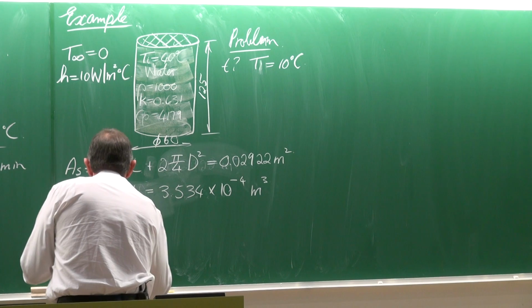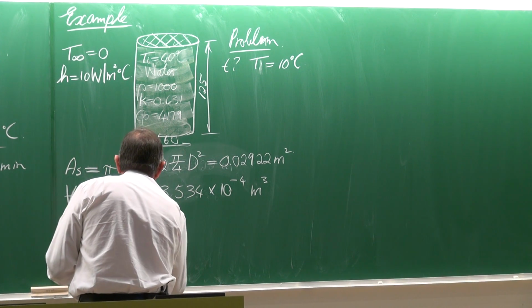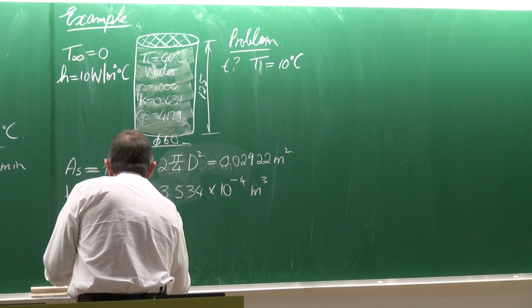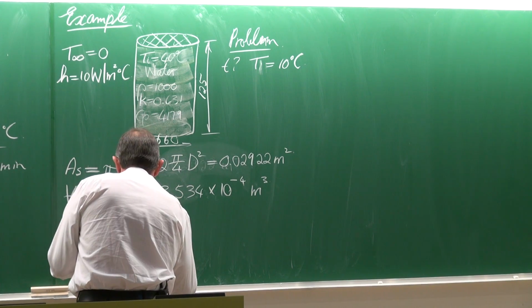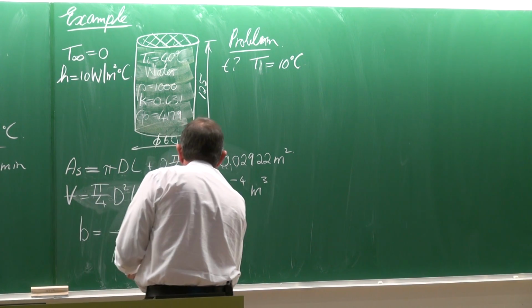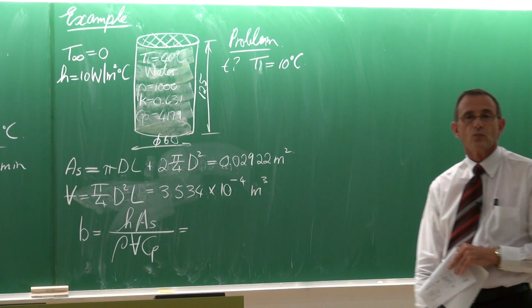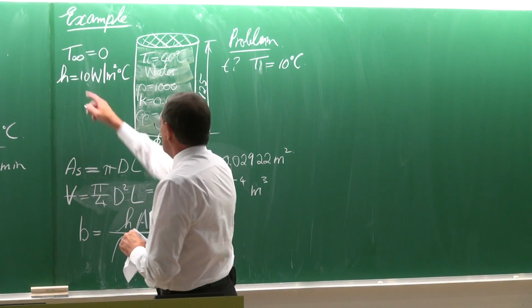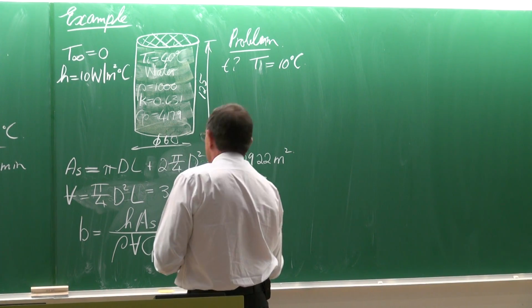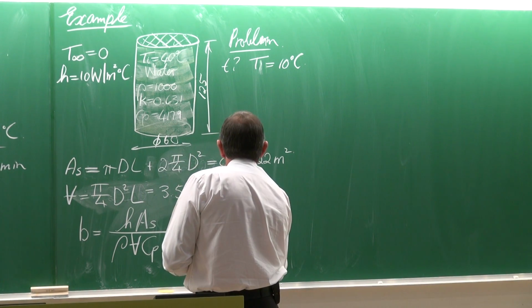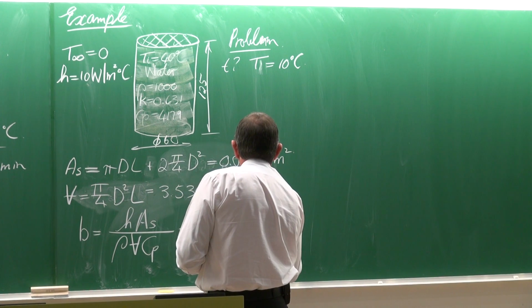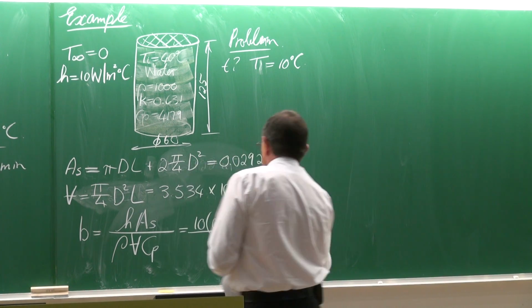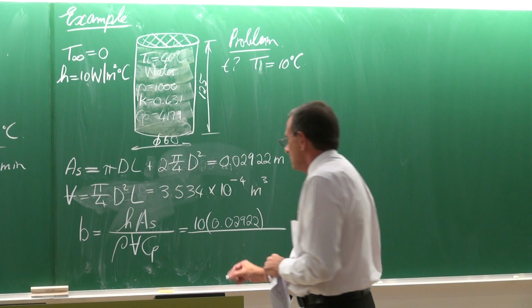The B value is equal to the heat transfer coefficient multiplied by the surface area, divided by rho, the volume, and Cp. The heat transfer coefficient is equal to 10, the surface area is equal to 0.02922, divided by the density of the beer.